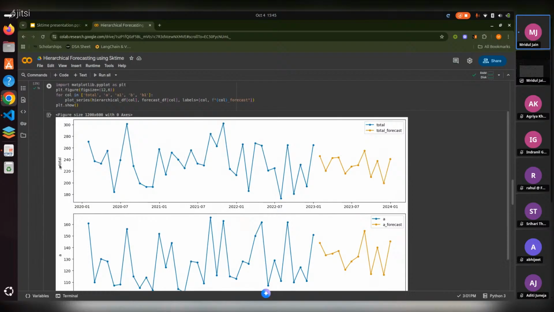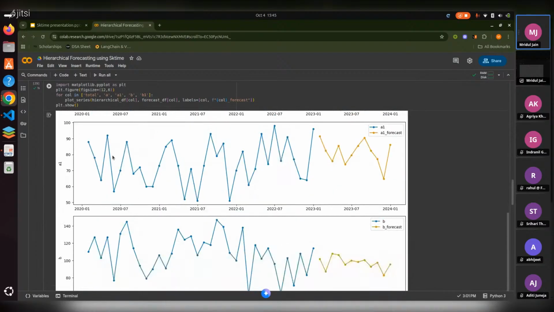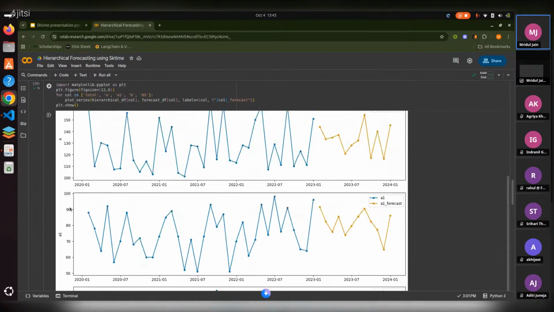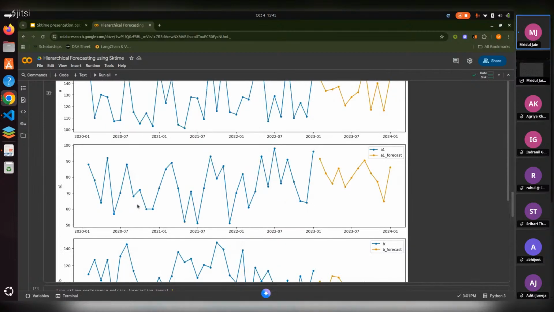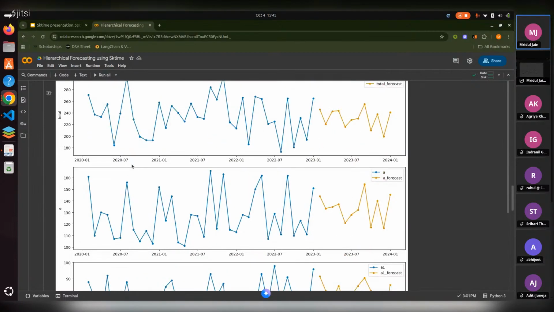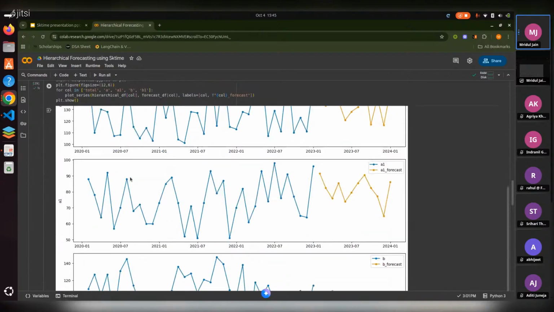The total sales have started decreasing. And then similarly, you can just observe the patterns for the individual levels, the A level, the B level, and then individually you can just look for A1 and then the B1 levels, right? So this is how the basic idea works.